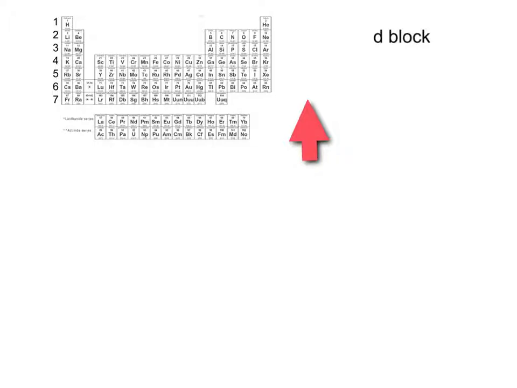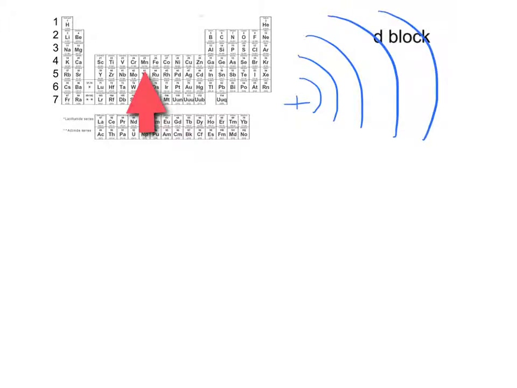That means it can hold 10 electrons, or another way to say it is, it has 5 orbitals. So, the thing with D block is, if you remember our picture of the atom, here's our nucleus, and we're getting further and further away. So S block is pretty close. P block is like our lobes.